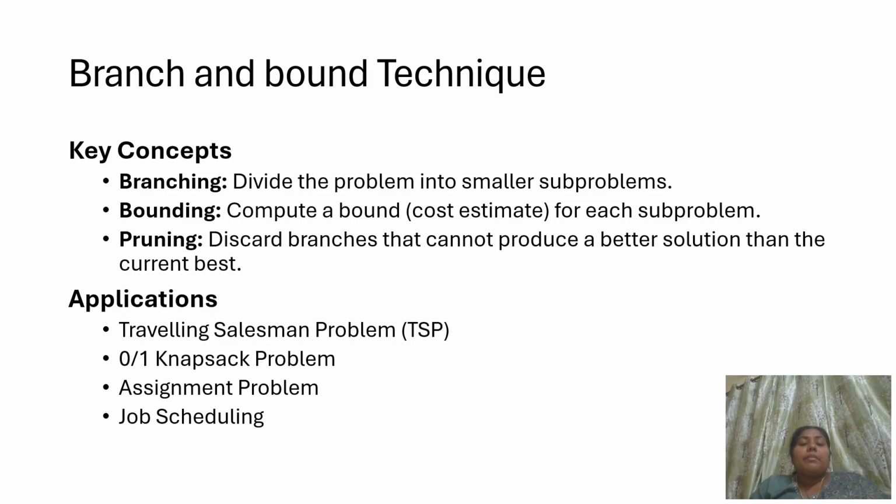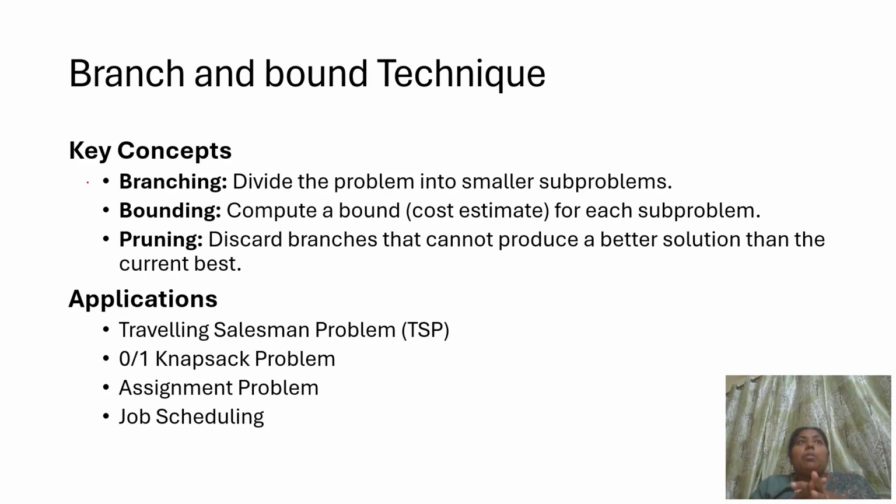In the branch and bound technique, we have three different steps: branching, bounding, and pruning. Branching means that if we have a problem, that particular problem is divided into smaller sub-problems. Bounding means that for each and every sub-problem, we do a cost estimation.